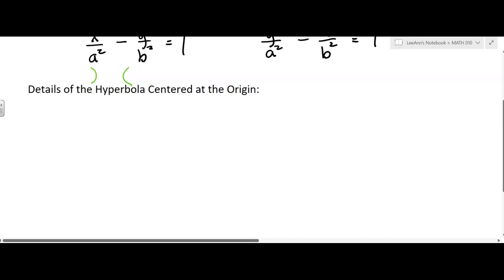All right, so first we're going to do a sideways one. So x squared over a squared minus y squared over b squared equals 1. Okay, so you have a transverse axis. Let's put it in orange. Transverse axis. And so that's going to be equal to 2a.